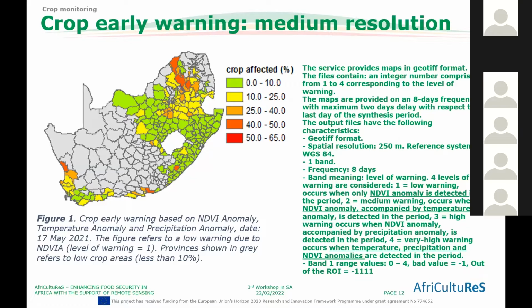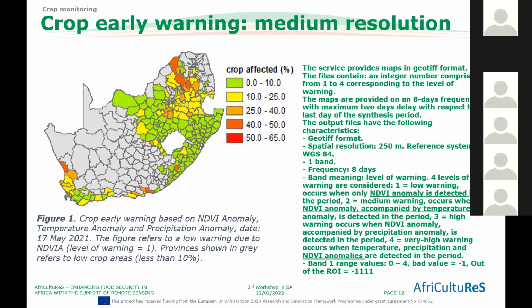And this is a combination of 3 parameters. The status of the vegetation computed through the NDVI, the temperature, the presence of anomalies in the temperatures compared with the last 10 years, and anomalies in the precipitation compared with the previous 10 years.